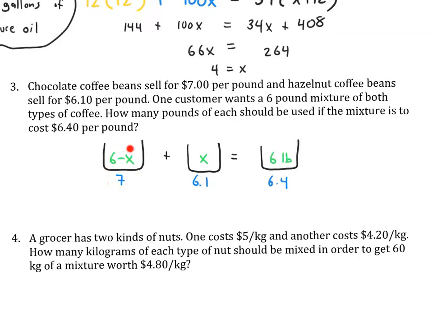When we multiply these together and add them together, that's going to give me the total value here. So we just need to know how much of each of these I need to get a $6.40 mix.